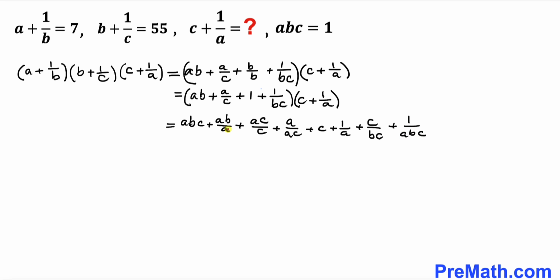And now in this next step, this a and a is gone, this c and c is gone, this a and a is cancelled out as well, and here c is gone with this c.